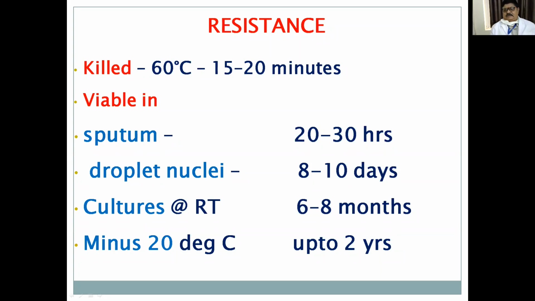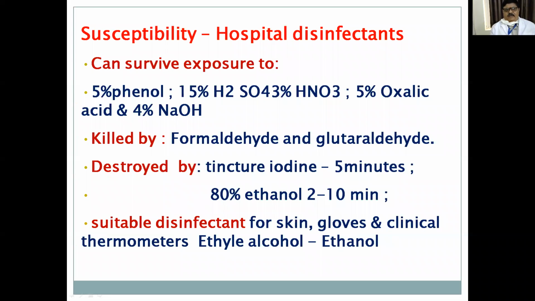And cultures, if you're doing tuberculosis culture, be very careful. 6 to 8 months they're alive. And for storing at minus 20 degrees centigrade, up to 2 years they're alive. So be very careful while handling cultures.